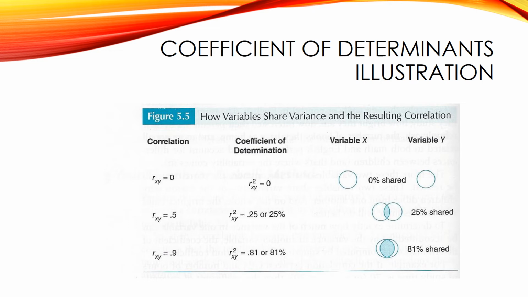So if you have an r of 0.9, the r squared of 0.81 means 81%. So now you have a huge overlap here, and the variance of one can be explained by the variance of the other. And that's a very strong relationship.